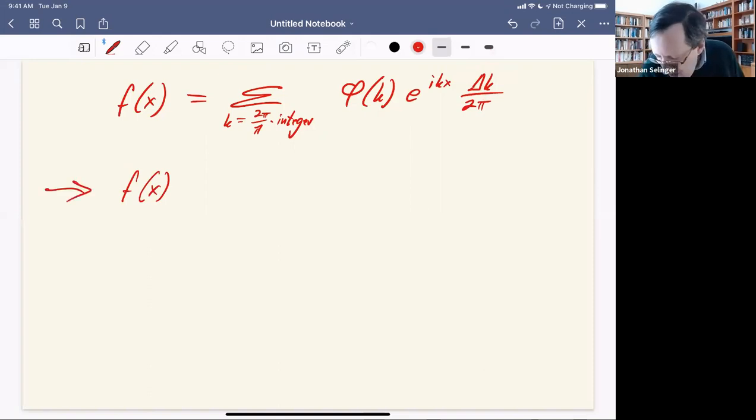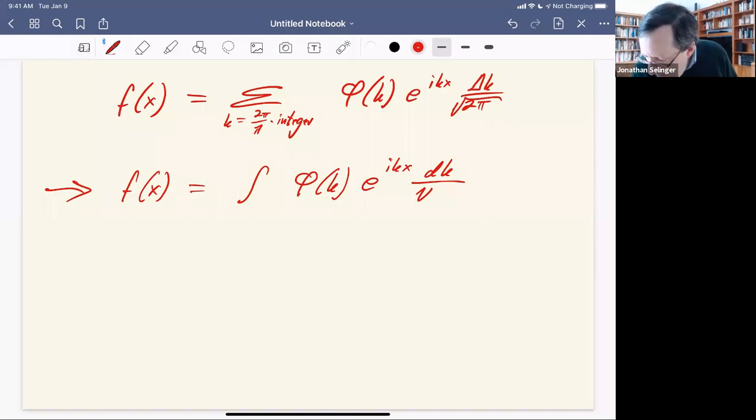It goes to an integral of phi of k e to the ikx dk, and excuse me, this is over the square root of 2 pi.